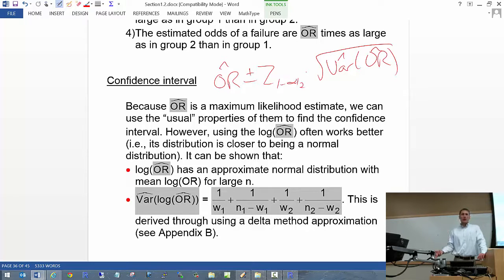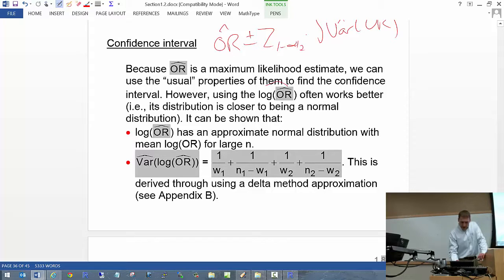And just like what we did with relative risk, we're going to use the natural log transformation. This works good. So instead we're going to work with the log of the OR hat that happens to have an approximate normal distribution with a mean of log of OR. And the estimated variance then ends up being basically 1 over each of the cell counts, sum them up. How do you derive that? Don't worry about it. It comes from the delta method, which is talked about in appendix B.